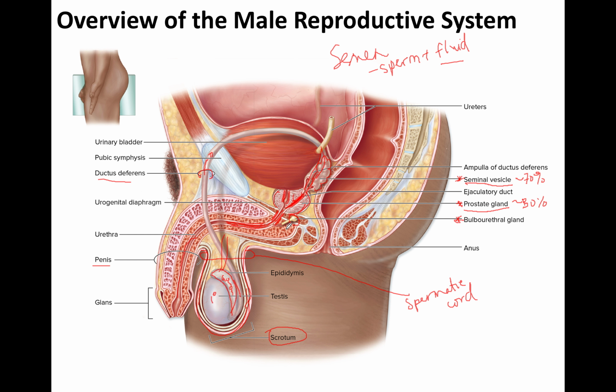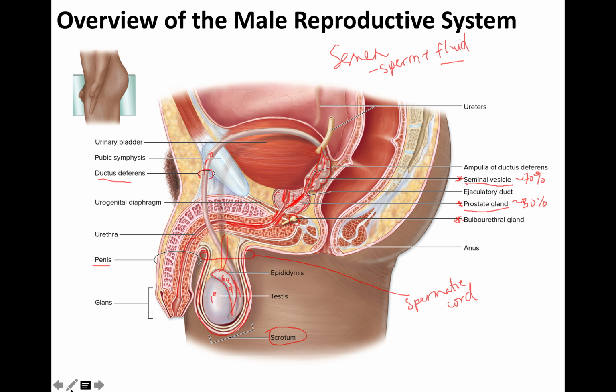Because the urethra is going to move both sperm, which is essential for reproduction, as well as urine, you have to make sure that it gets cleansed before ejaculation. So the bulbourethral gland is going to secrete a fluid before ejaculation.